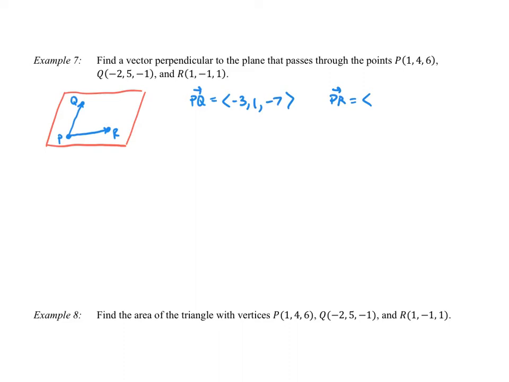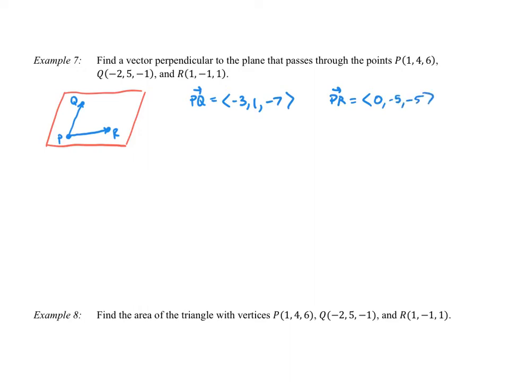Your answer would be correct if you did the mathematics correctly, but it might look different than the one that I get, but it still would be perpendicular because again, envision a plane. You could have a huge number of perpendicular vectors associated with that particular plane. Okay, so we're going to do PR. So we get 0, -5, and -5.